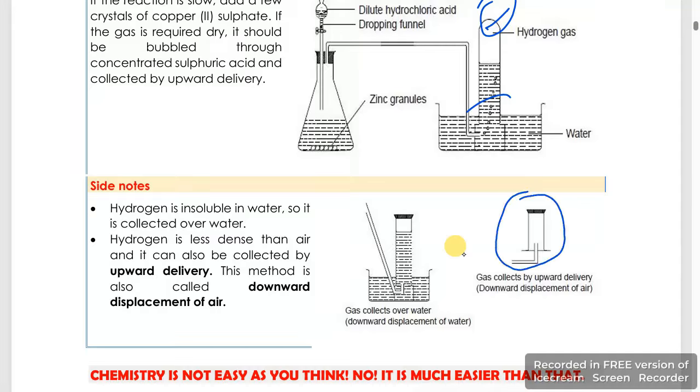This one is called downward displacement of air, or upward delivery. So if it is hydrogen, remember, it is collected in two ways. Mostly, we want hydrogen which is dry.